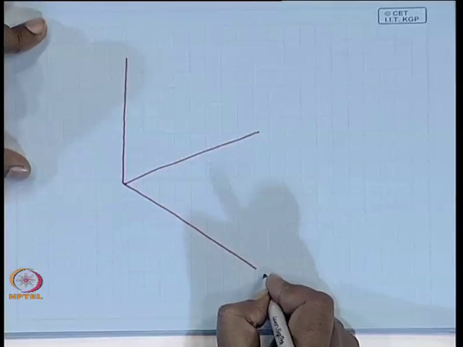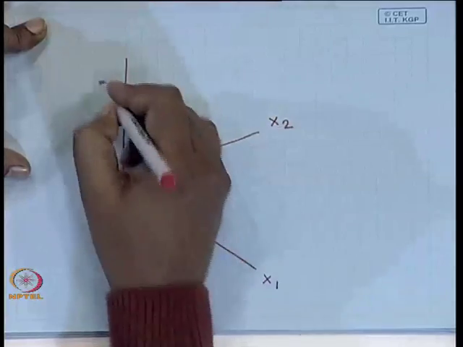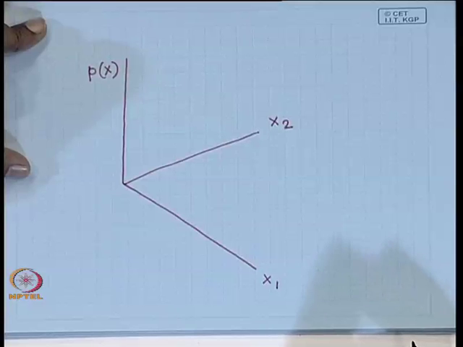So, I put x 1 along this direction, x 2 along this direction and p x along this direction.